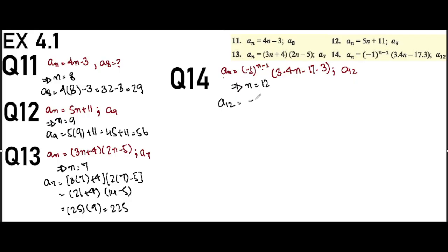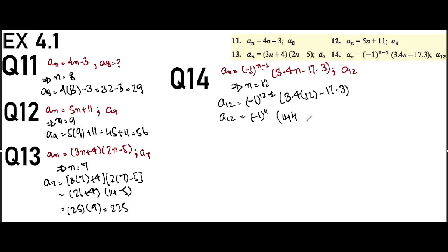a_12 equals (minus 1) raised to the power (12 minus 1) into (3 into 4 into 12 minus 17 into 3). So we have a_12 equals (minus 1) raised to the power 11 into (3 into 4 is 12, 12 into 12 is 144).